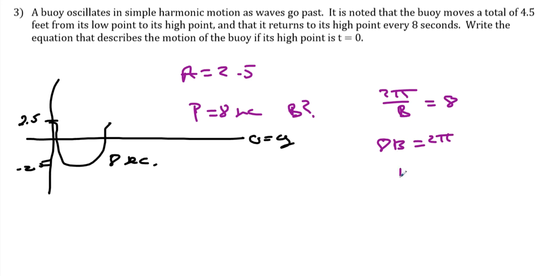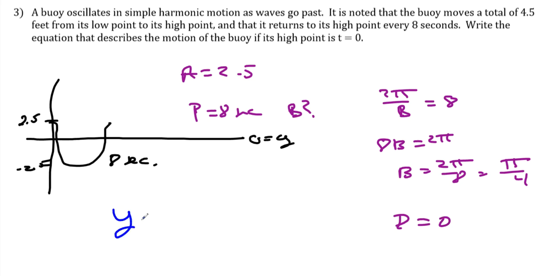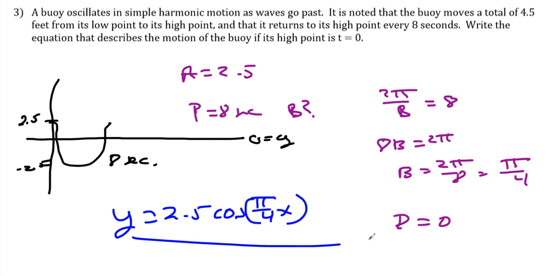Divide by 8, you get 2 pi over 8, which is equal to pi over 4. D is equal to 0, and let's go ahead and write our function. y is equal to 2.5 cosine of pi over 4 x. There you have it.